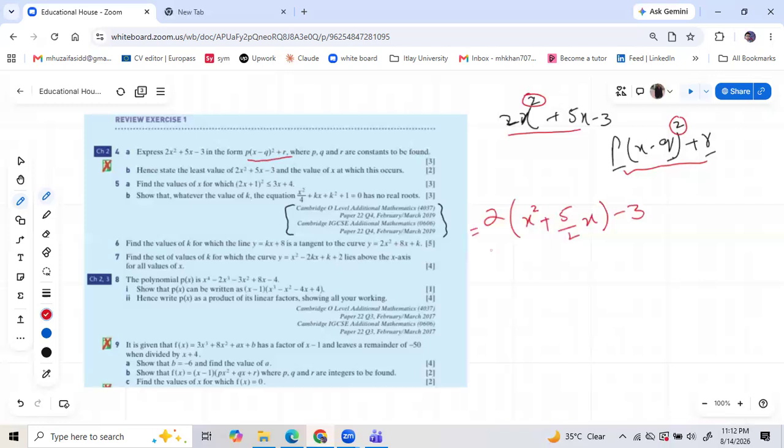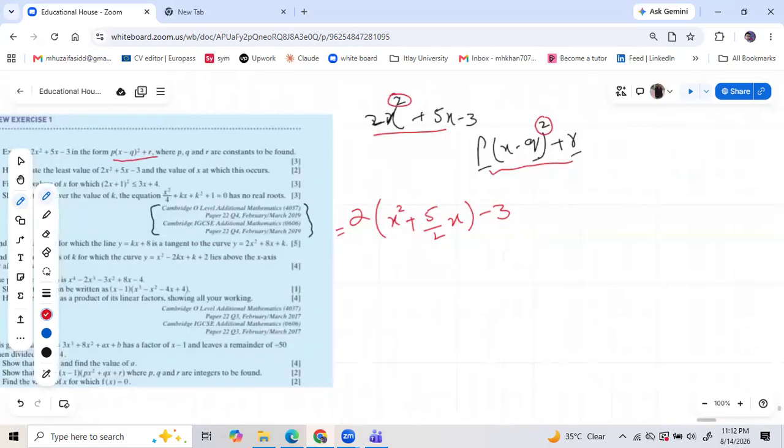So what I'm trying to say, I'm taking 2 as common from this term and from this term. And our formula is what? Our formula of (a plus b) whole square is a square plus b square plus 2ab.